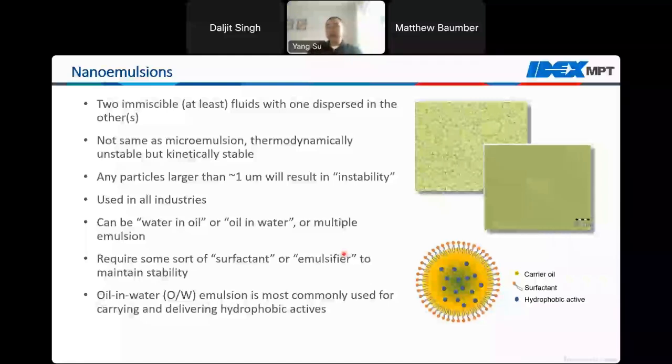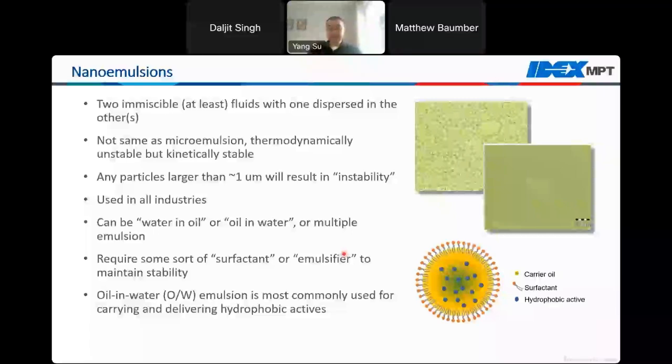So just a quick background slide here in case you're not familiar with nanoemulsions. The definition of an emulsion is two or more immiscible fluids with one dispersed in the other or others. It's important to note that a nanoemulsion is not the same as a microemulsion. Nanoemulsions are not thermodynamically stable, but they are kinetically stable, which means there are different stability mechanisms that can affect their stability.